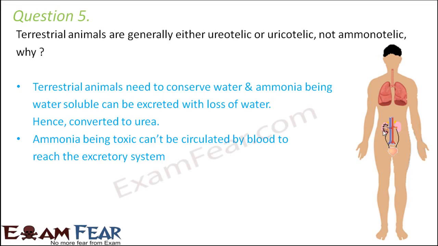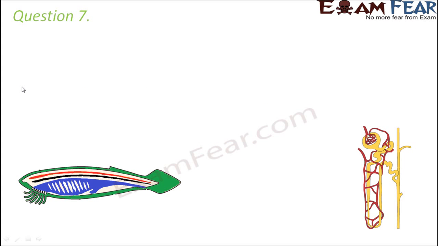Now, if ammonia is that toxic, it is very risky to get it circulated through the blood. So that way, since ammonia is very toxic, we don't want it at all to be there in the body. So these are some of the reasons why terrestrial animals are generally ureotelic or uricotelic but not ammonotelic.